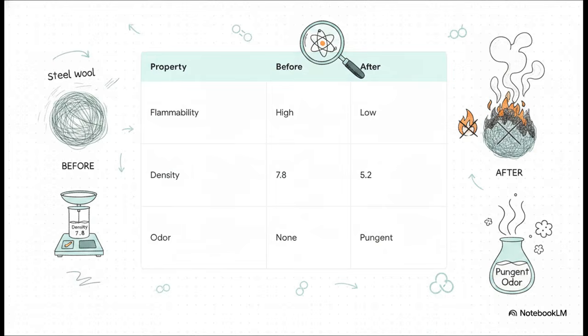By analyzing data before and after doing something like burning steel wool, you get to act as a chemical detective. The heat released during the burning, that's your hard evidence of an exothermic reaction. Meanwhile, a sudden change in density tells us a brand new substance is formed. We track these visible, macroscopic properties to prove the invisible particle changes happening behind the scenes.